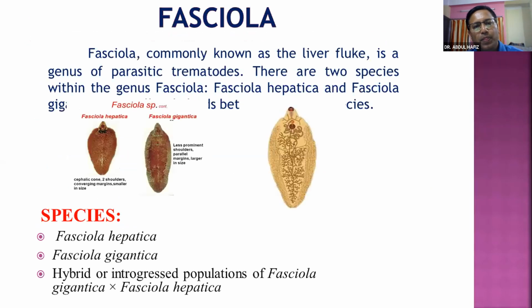Now, among the trematodes, Fasciola is commonly known as liver fluke. It damages the liver tissues, the liver parenchyma. There are many species; Fasciola hepatica and Fasciola gigantica are the two very common Fasciola species in sheep and goat.